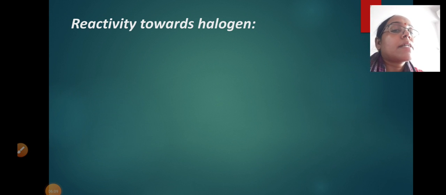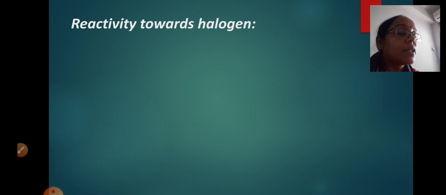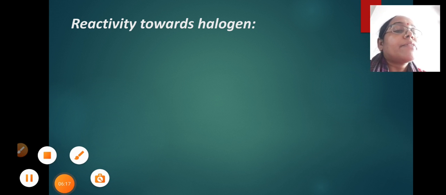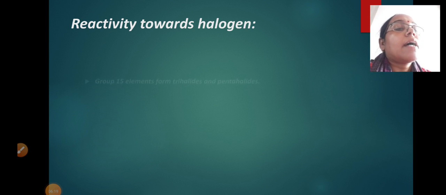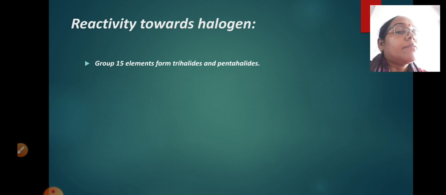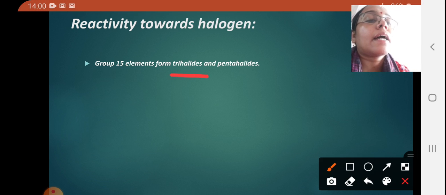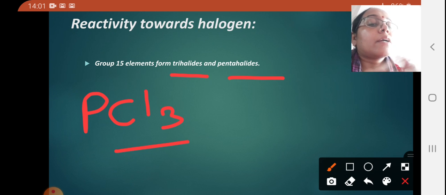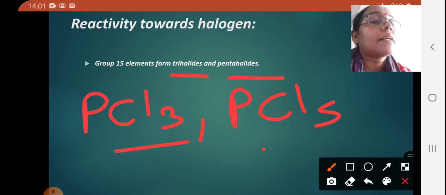Now the next one is reactivity towards halogens. How do the group 15 elements show reaction with halogens? When halogens react with group 15 elements, they form trihalides and pentahalides, like PCl3, trichloride, and PCl5, pentachloride.